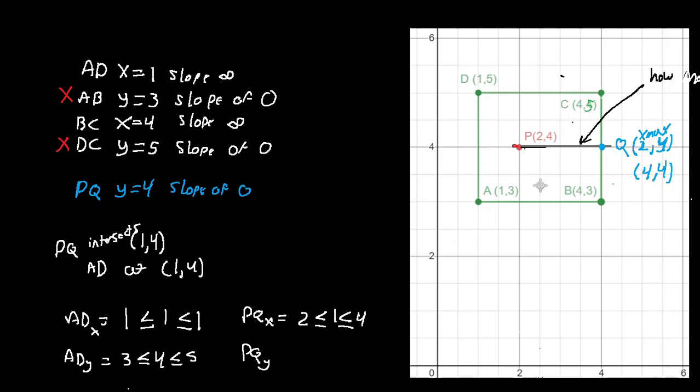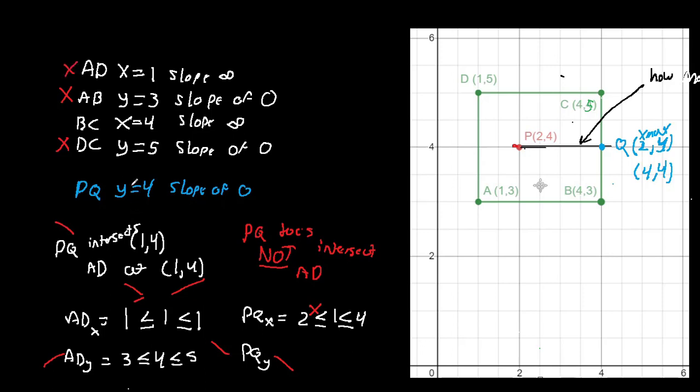We've already failed, right? We failed right here. This is not true. 2 is not less than 1, which means that this whole thing fails, right? PQ does not intersect with AD. So we can cross that one off our list.